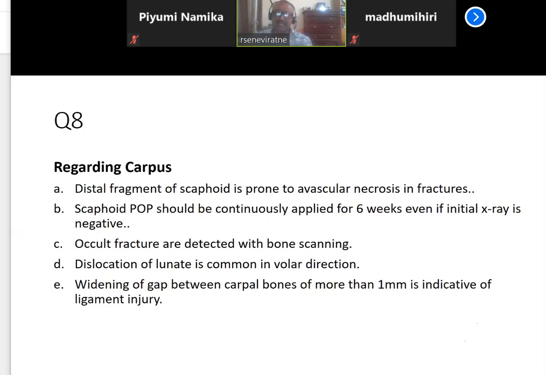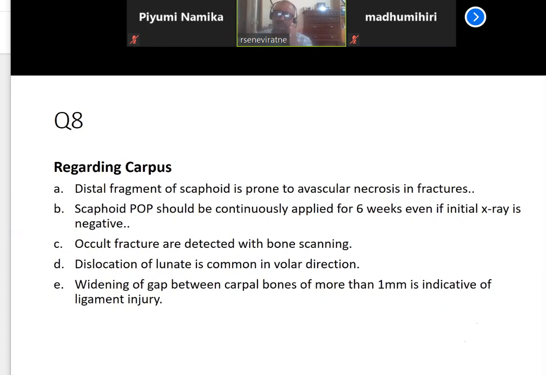Then there is this third category, where you initially have a clinical scaphoid fracture. You do an X-ray which is negative. You apply scaphoid POP for 2 weeks. You remove it in 2 weeks and do a re-X-ray. Again, it's negative. But clinically, even at 2 weeks, there is tenderness and signs of scaphoid fracture.